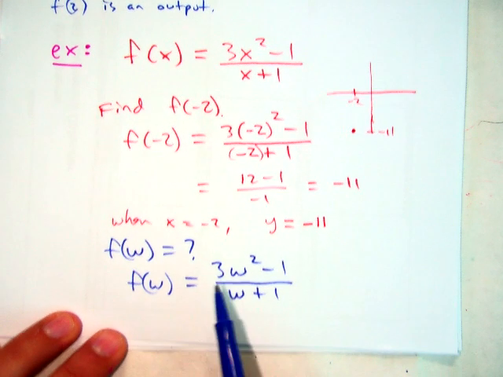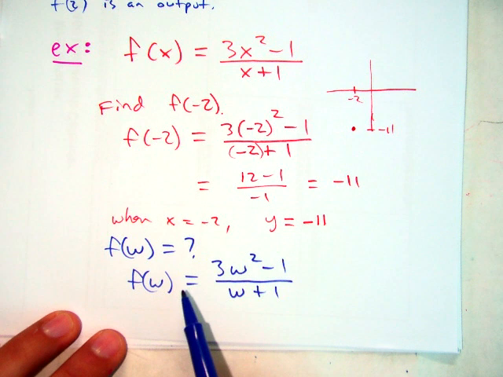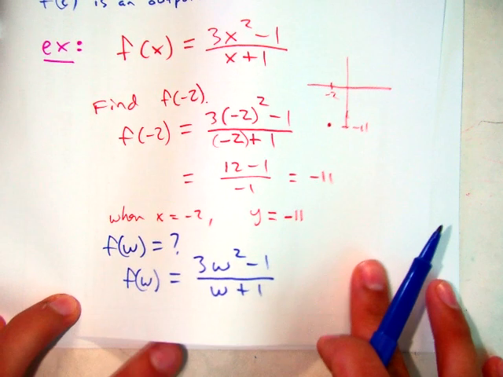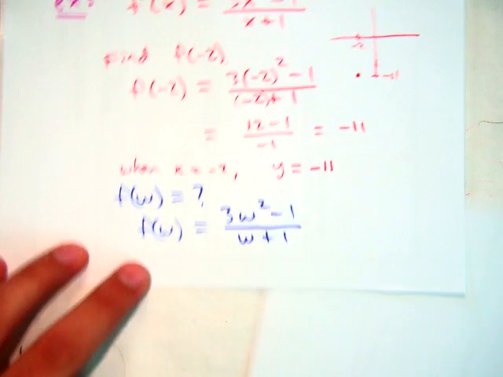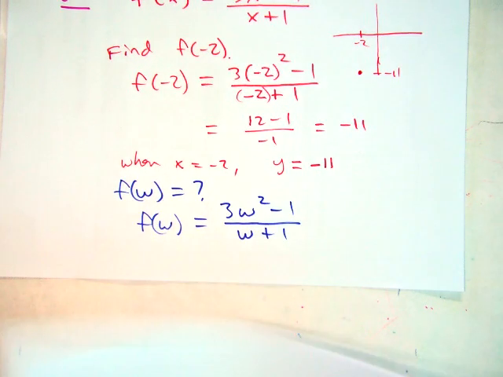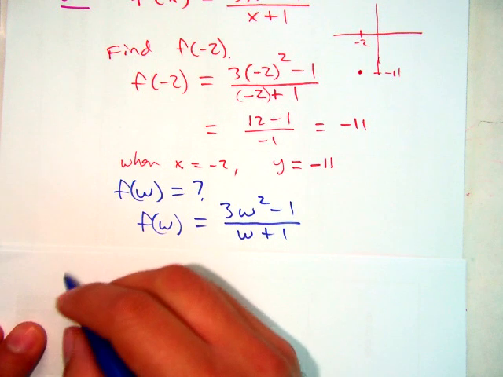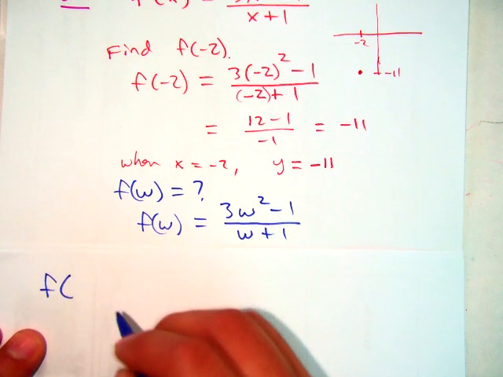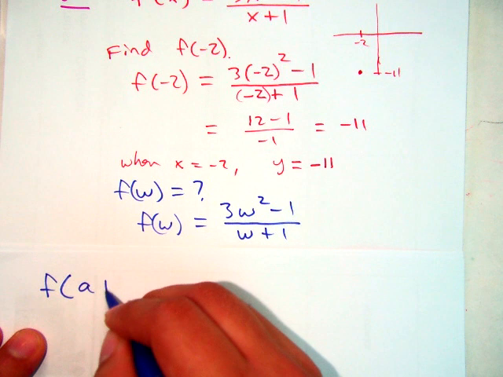In this case, we don't really do much else with it. We just need to understand that if we switch the variable, that's what it looks like. But more importantly, this is what we're going to head up to in a couple of sections. You can plug in more than just one variable. You can plug in different functions. So let's try this last example. What if we want to find f(a plus 1)?